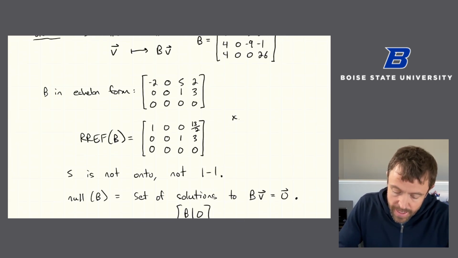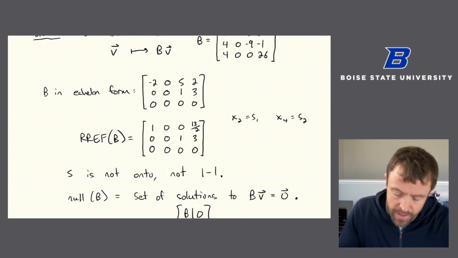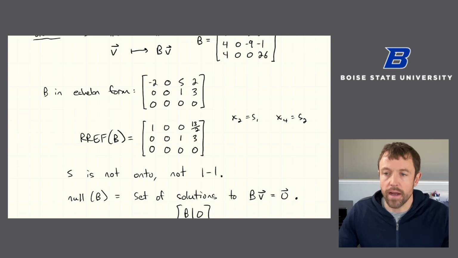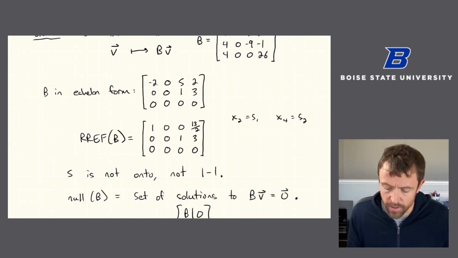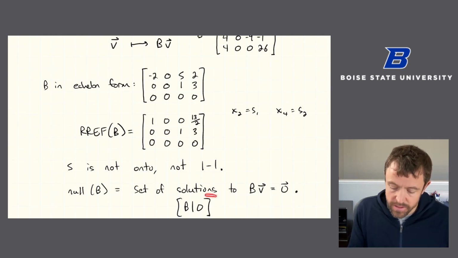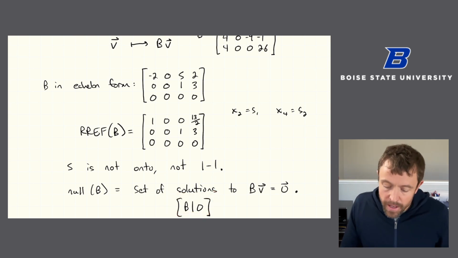I'll say that x2 is s1 and x4 is s2. And then when I solve this system, and I'm not going to write down all the work, I recommend it's a good exercise if you're trying to remind yourself how to solve this system where I have B on the left and 0 on the right. Go practice it, go figure this out and compare your answers to mine.